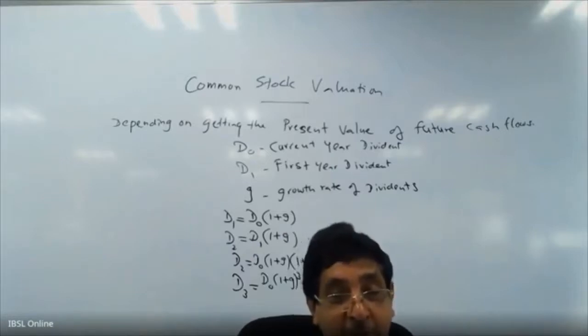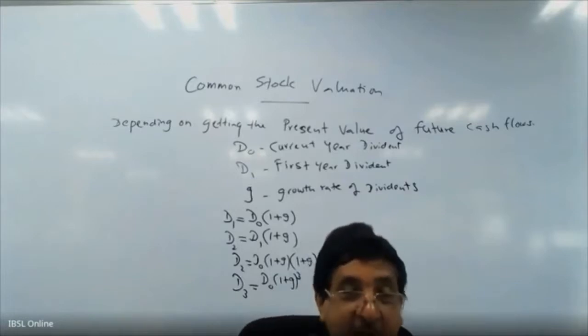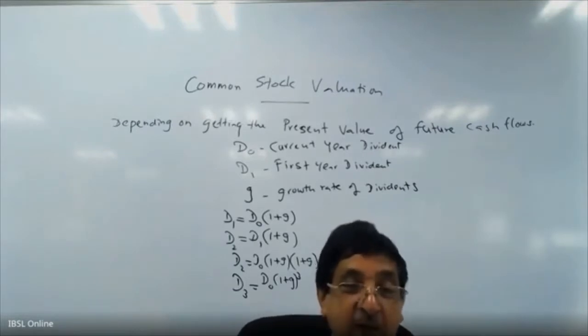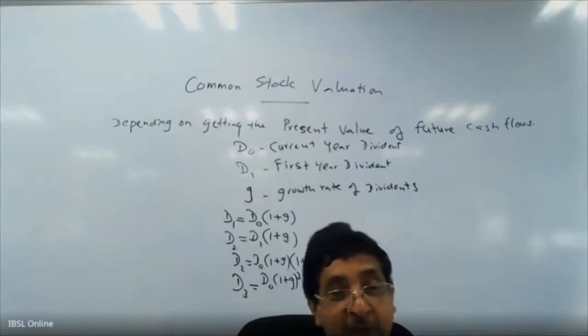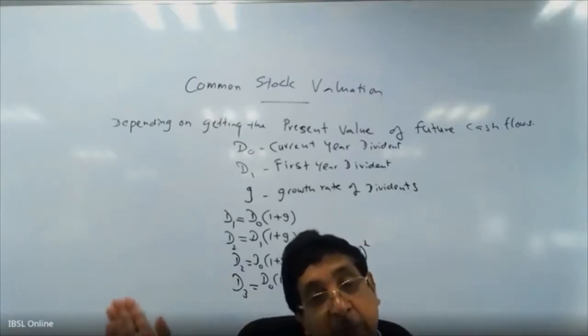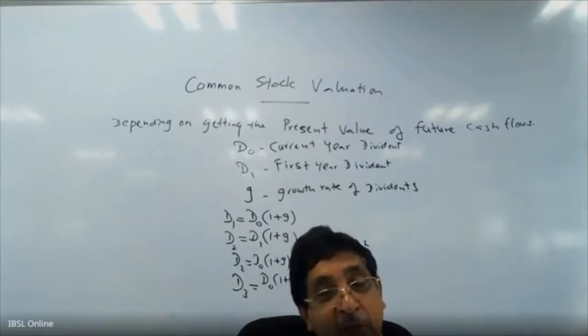So you divide D1 by 1 plus K, then plus D2 by 1 plus K to the power 2, then D3 divided by 1 plus K to the power 3, D4 divided by 1 plus K to the power 4. Likewise it goes, until the end, that is Dn divided by 1 plus K to the power n, or D infinity divided by 1 plus K to the power infinity.